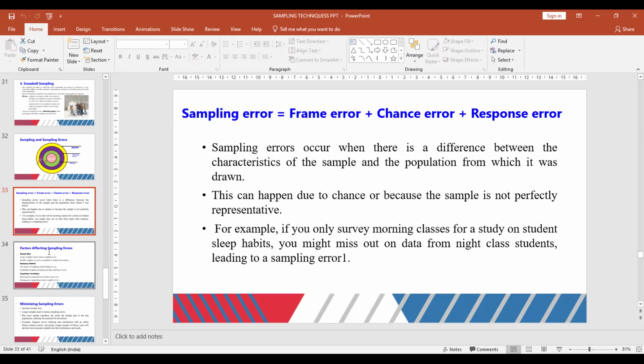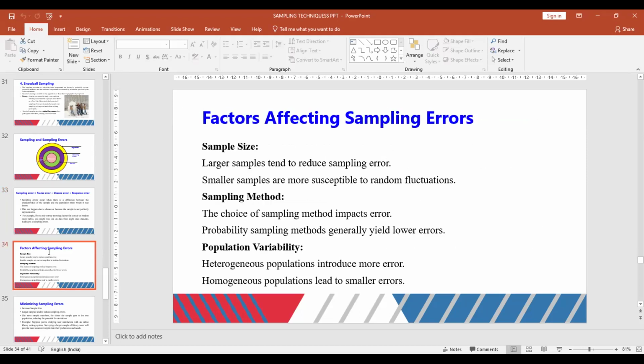These are the most important factors affecting sampling error. Number one, sample size. You should keep sample size in your mind. Larger samples tend to reduce sampling error, and smaller samples are more susceptible to random fluctuations.